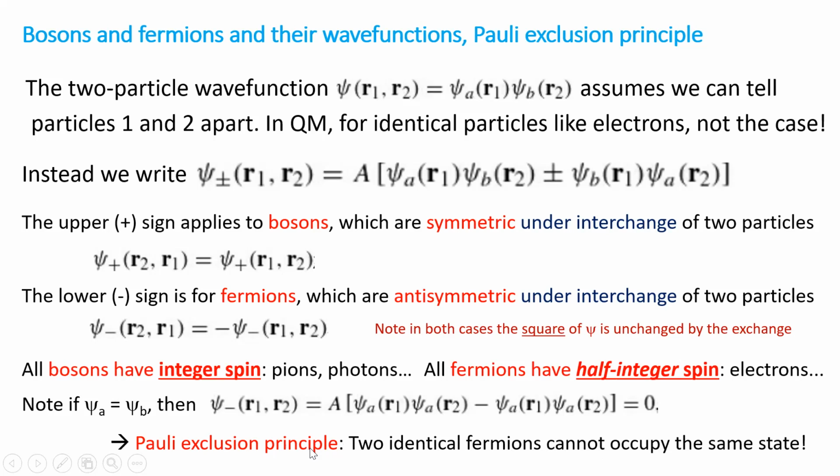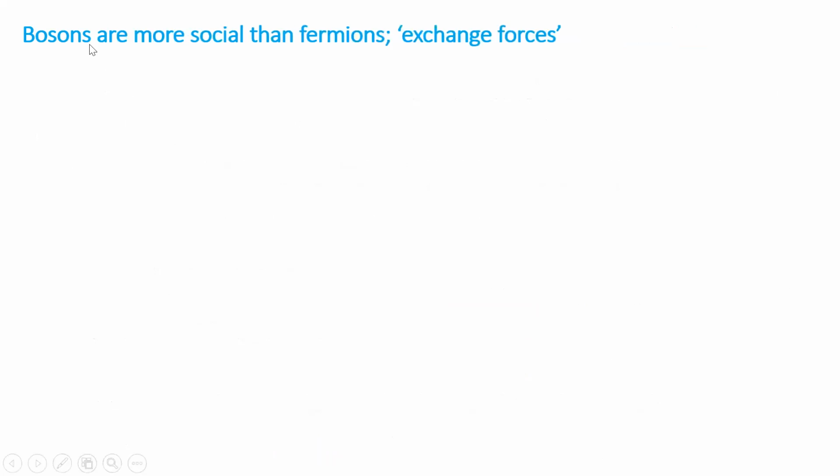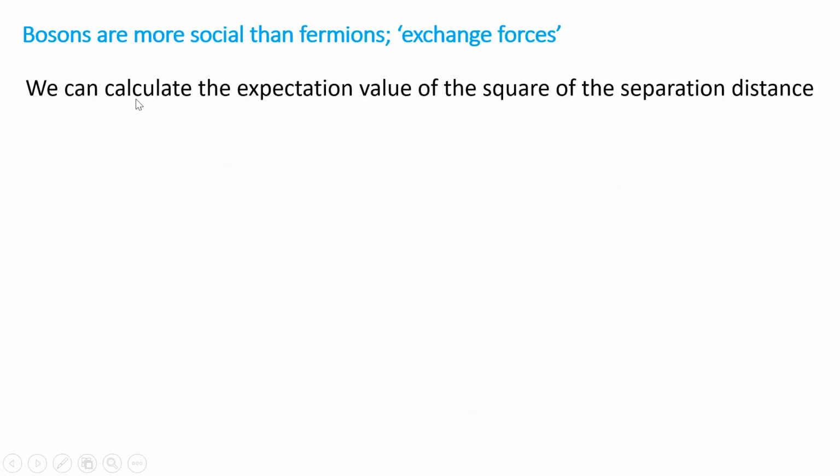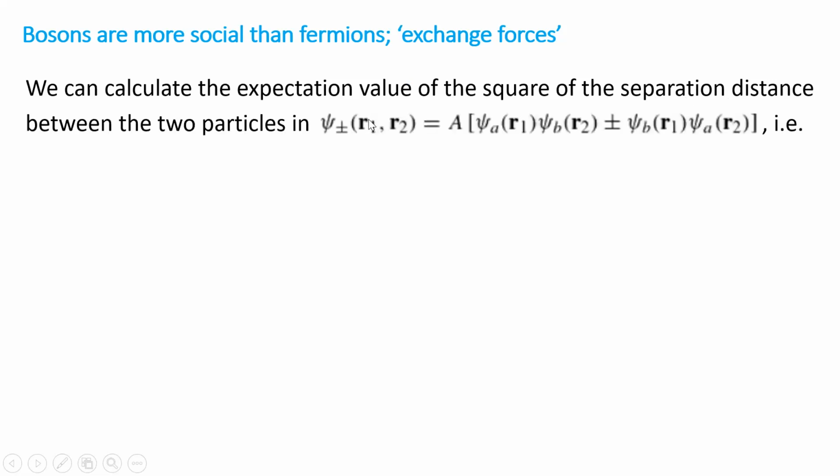Okay, so let's move on. Let's look at socialization of particles. It turns out bosons are more social than fermions through something called exchange forces. So we can calculate the expectation value of the square of the separation distance for two particles in a two-particle wave function, in either psi plus for bosons or psi minus for fermions. And what do we mean by the square of the separation distance?